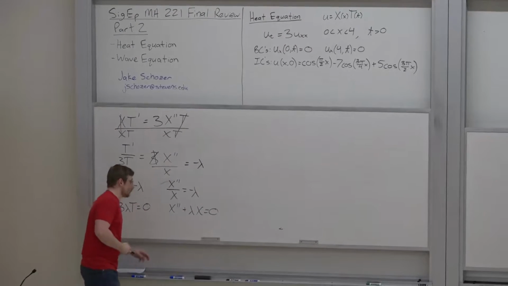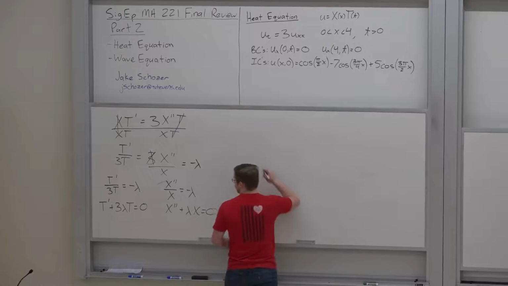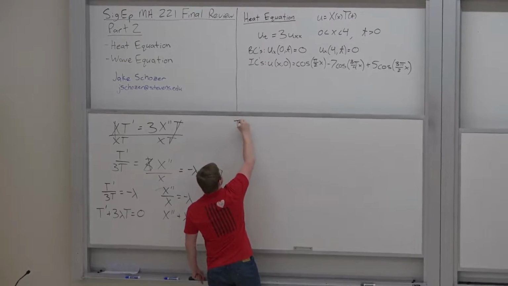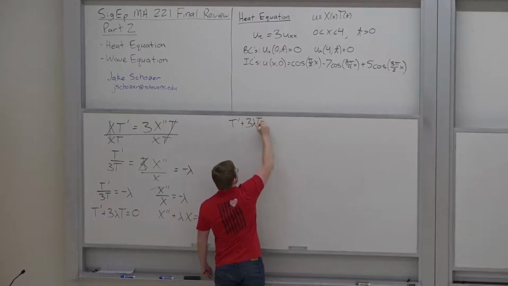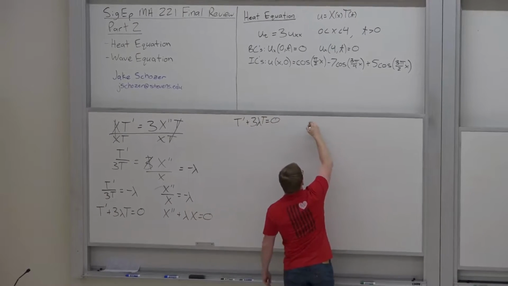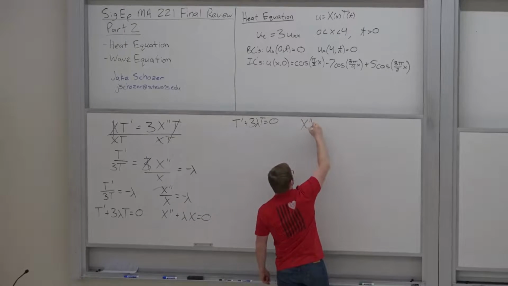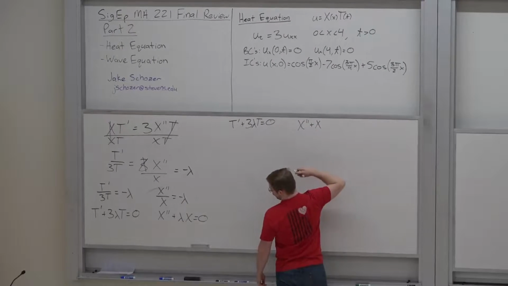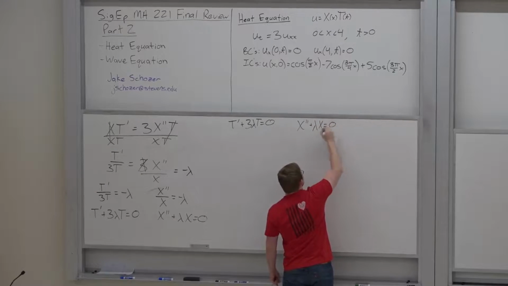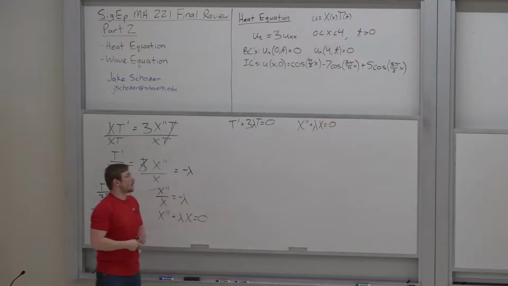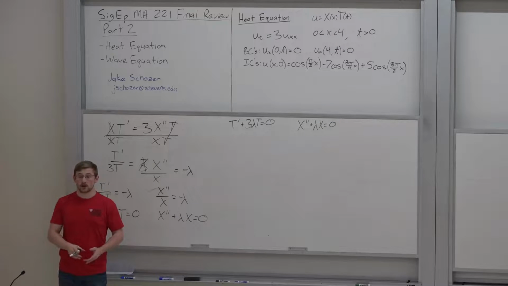So we have our capital T prime plus 3 lambda T is equal to 0, and then here we have our capital X double prime plus lambda times capital X is equal to 0. So now we have 2 ordinary differential equations.